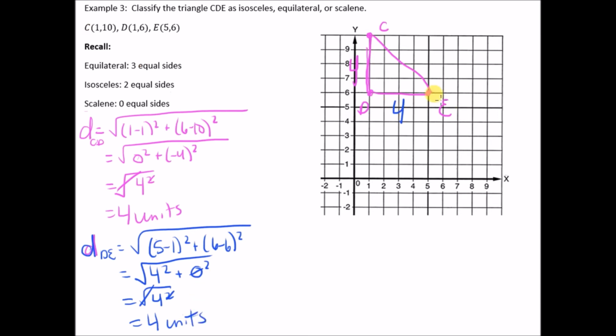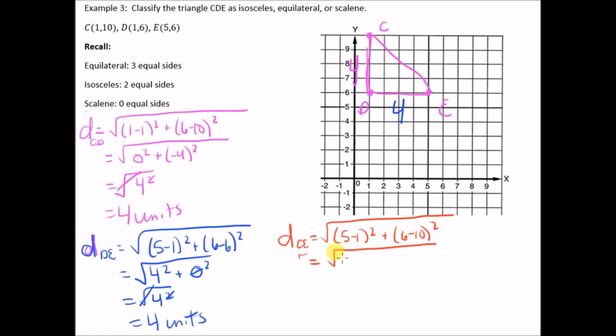Okay. We still need to solve for CE because we have to show that CE is not 4 units. So CE. We're going to do E minus C: 5 minus 1 and then 6 minus 10. So 5 minus 1 squared plus 6 minus 10 squared.